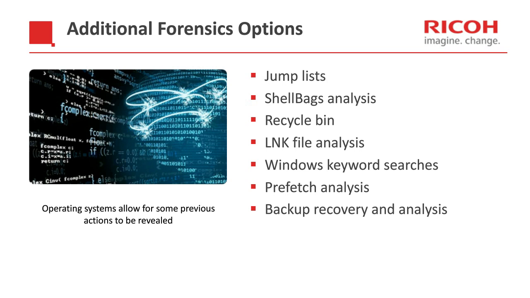Interesting as well, Windows keyword searches. If somebody goes into Windows and is looking for a file, that's obviously tracked and recoverable. And first of all, as an investigator, I didn't think that was such a big deal. But I've had a couple of cases where that has really been the smoking gun. Yes, you were looking for this file.